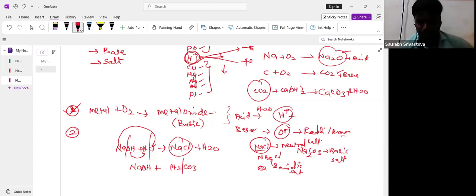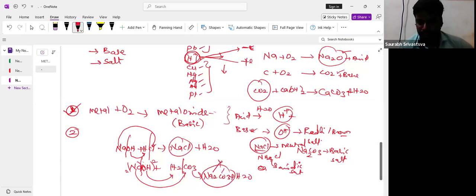Now here you are dividing into 2 parts. The OH is going to connect with the H and Na is going to connect with the CO3. So here 2 times OH will connect and 2 times Na will connect. Then it becomes Na2CO3 plus H2O. So Na2CO3 is a strong base with a weak acid, then it is a basic salt. Clear?